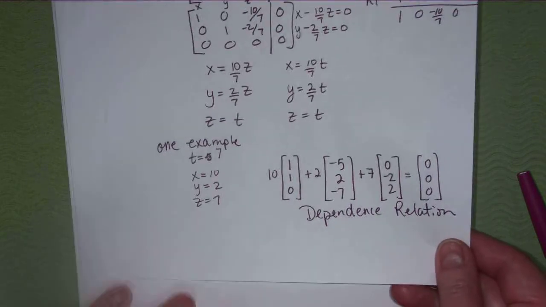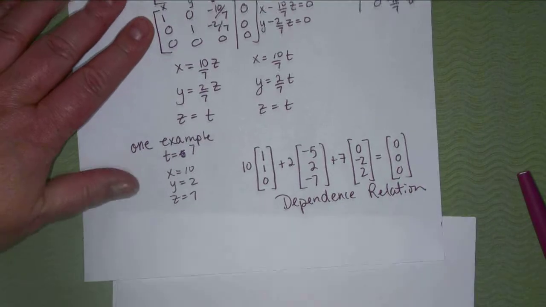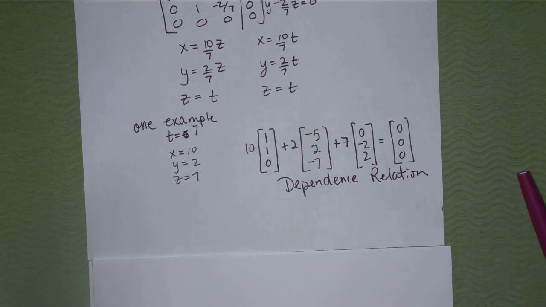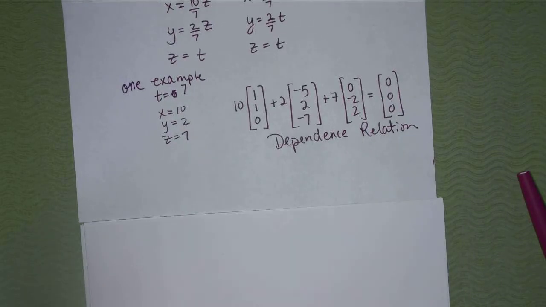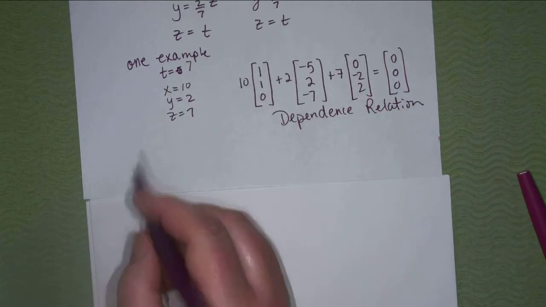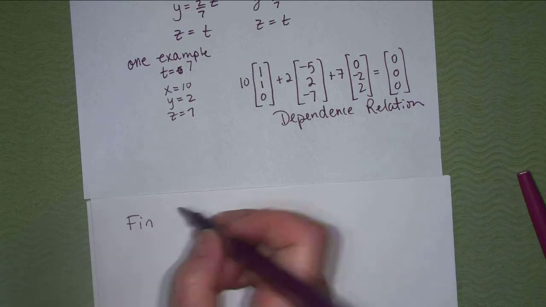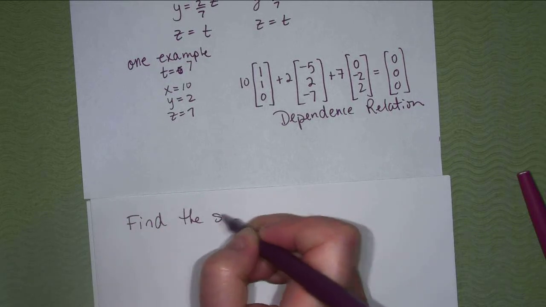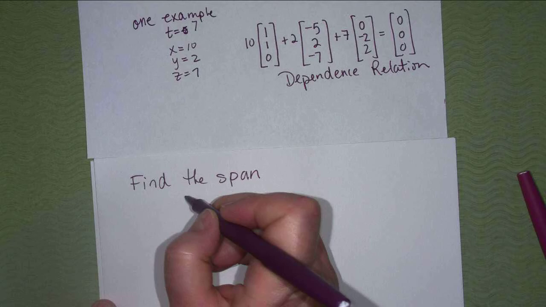So maybe not as interesting, if you find this interesting at all, would be if I said to find the span. I'm not going to row reduce again, but find the span, and I gave you 3 vectors.